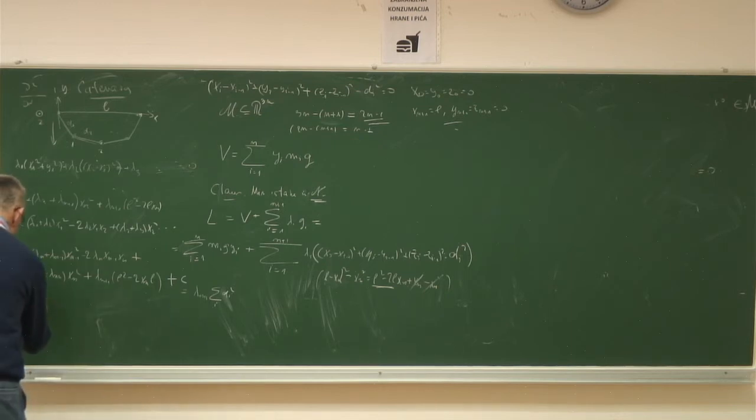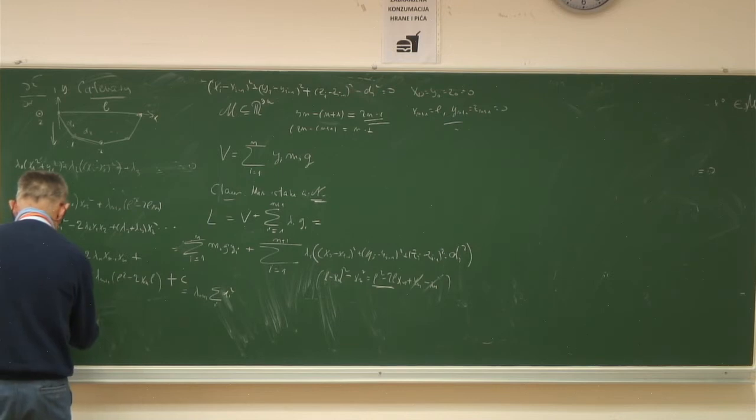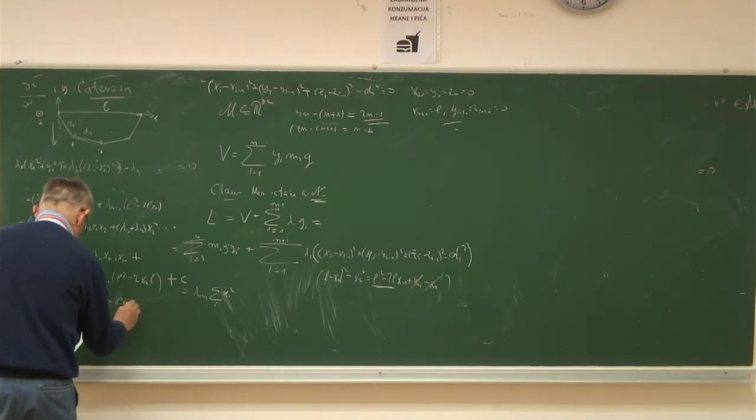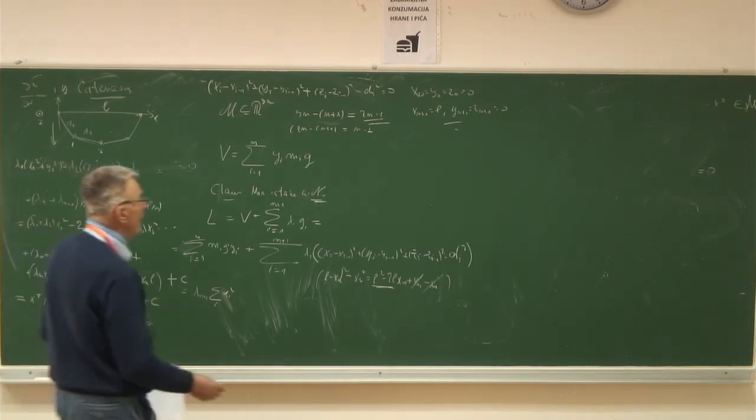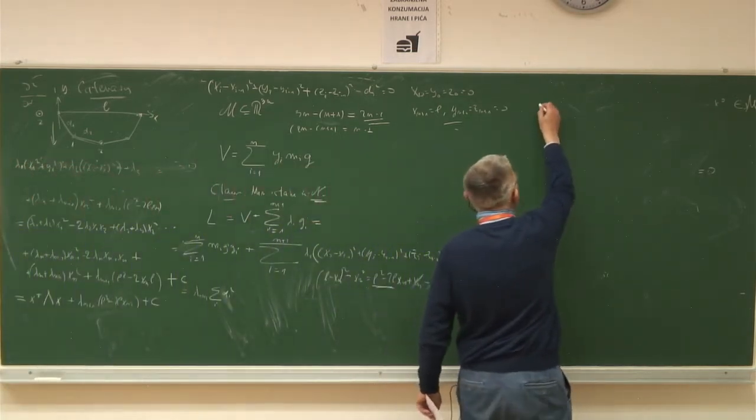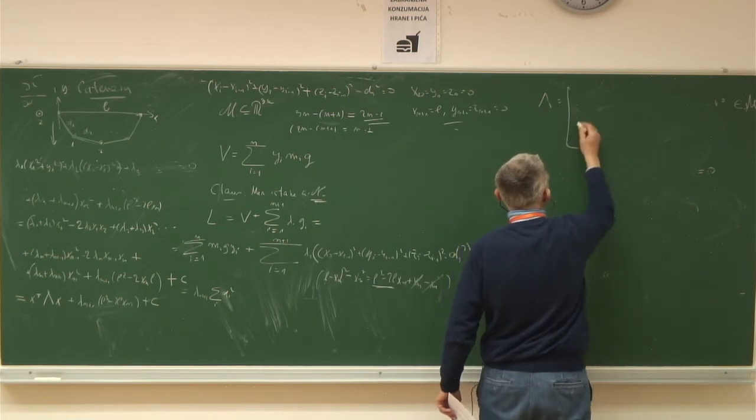This is equal to x transpose lambda x plus lambda n plus 1 (L squared minus 2L xn) plus c, where lambda is a matrix.